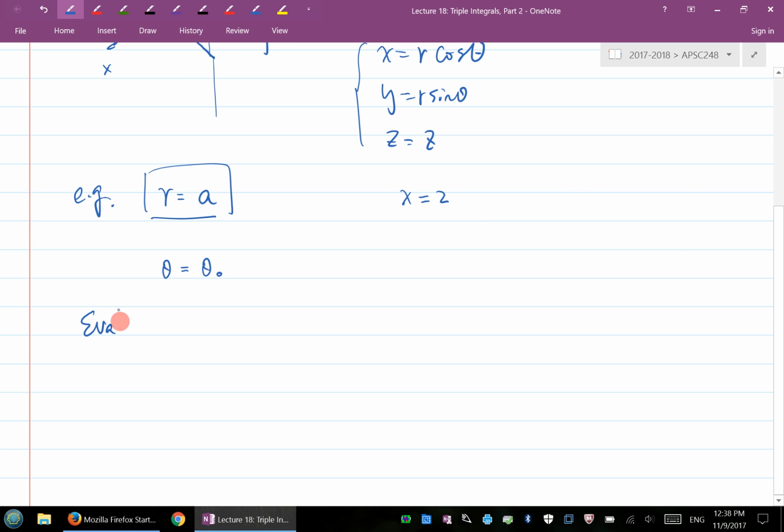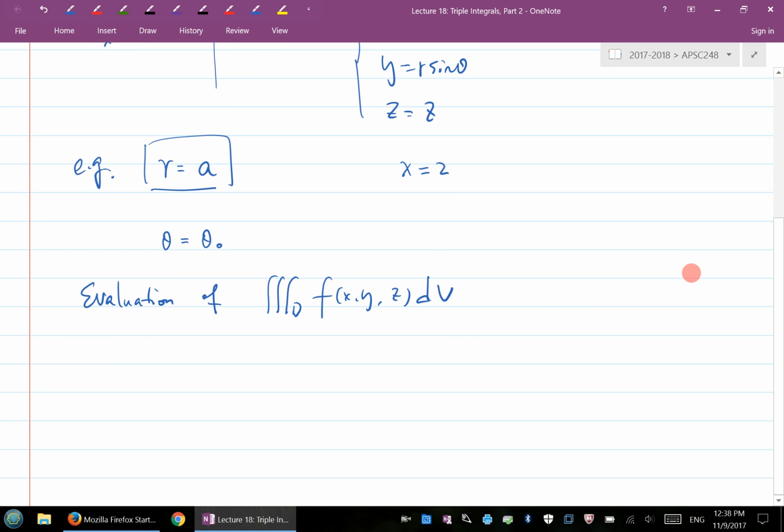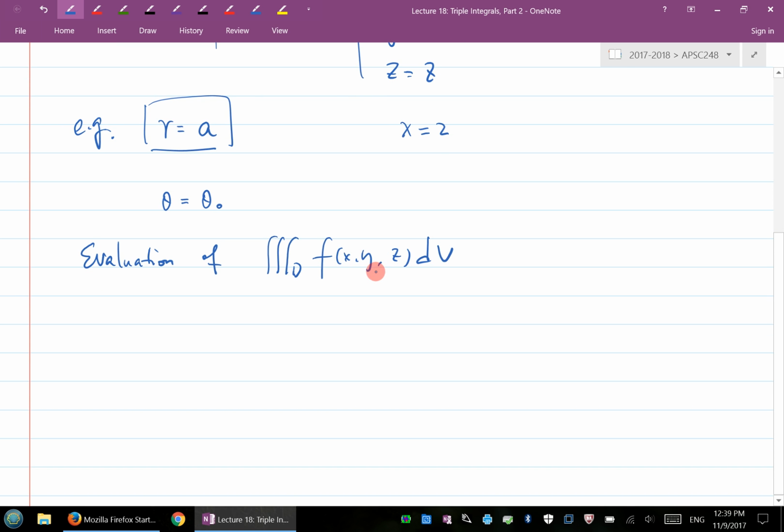In terms of evaluating this triple integral, I'm not going to evaluate using x, y, z.